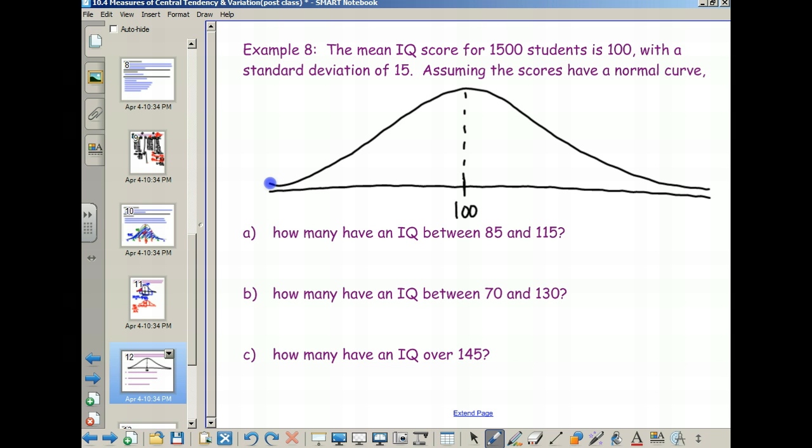So from 100, I'm going to go out 15 in both directions, which puts me at what values? 115, and 85, right? Okay, so that's one standard deviation. Then I'm going to do it again to get my second standard deviation. So from 115, I go out to where? 130. And the other one? 70, yeah. All right, so that's the second standard deviation.